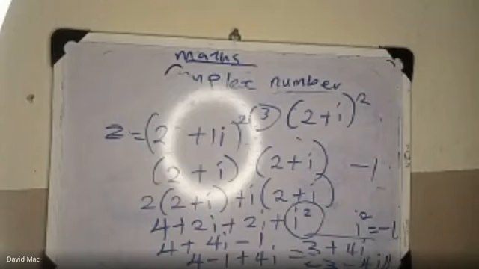I said I don't understand this part that you wrote 2, then open bracket 2 plus 1 after expanding it. I don't understand. All right, I'll get back to you.